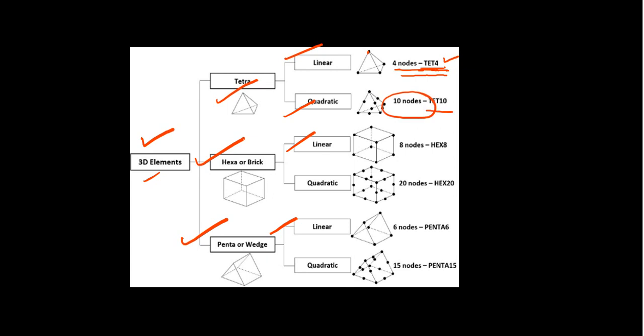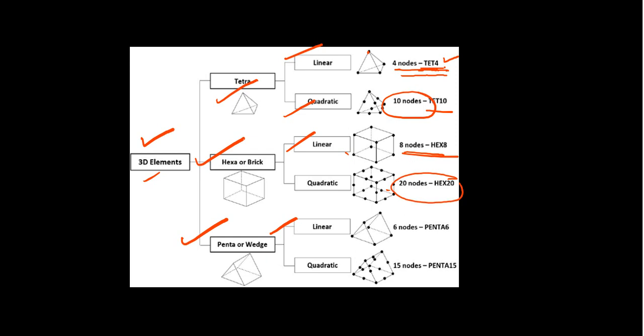Now for the hexa, as you know, a cube has 6 faces. Initially 8 nodes are used at the corners. In the quadratic hexa, one more node is added at each edge, so it becomes a total of 20. It will be denoted as hexa 20.